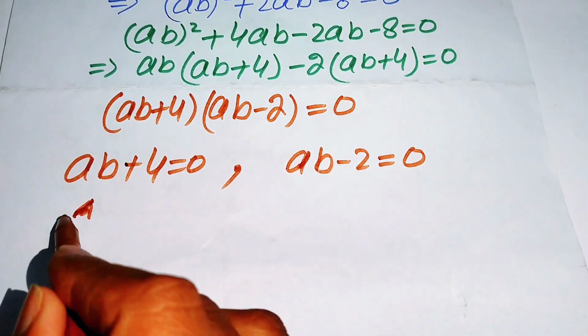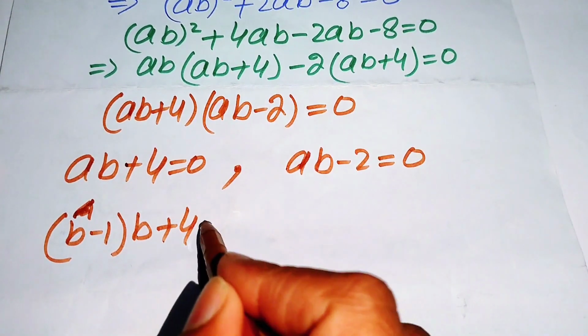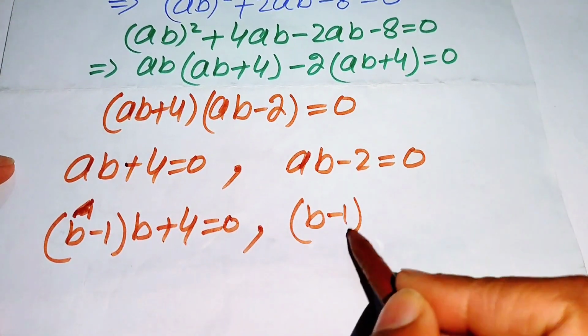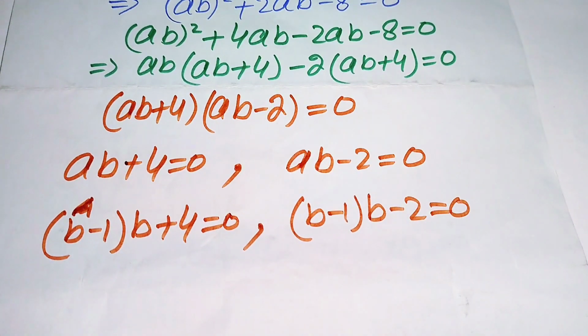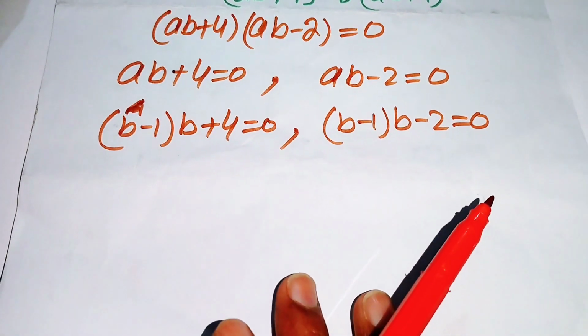So a becomes (b minus 1) into b plus 4 equals 0. Similarly, this becomes (b minus 1) into b minus 2 equals 0. Now again we simplify these two equations and we move towards our final answer.